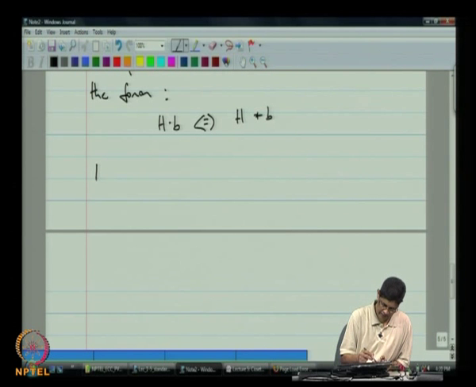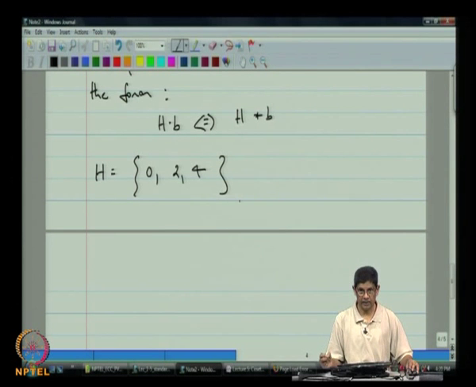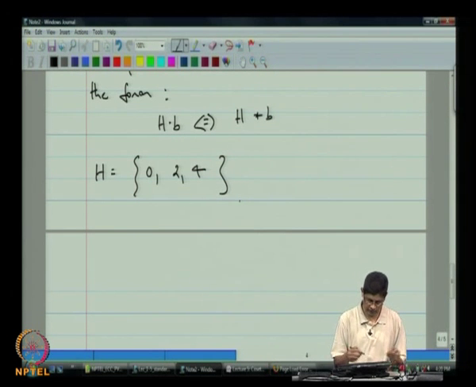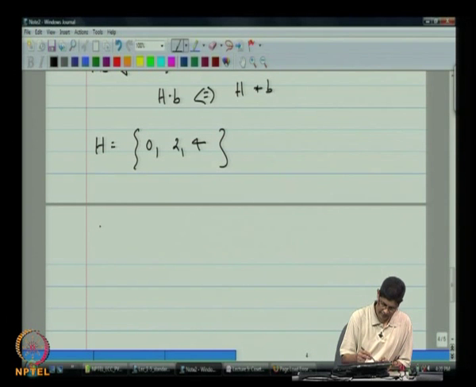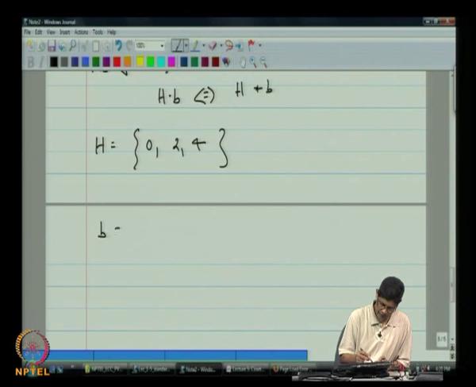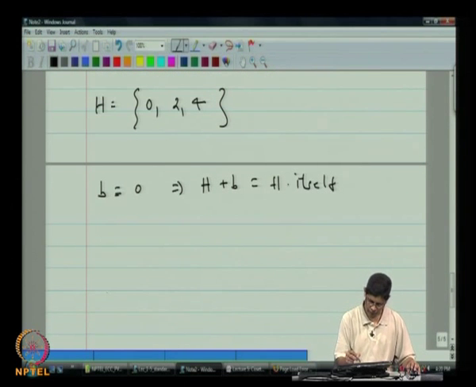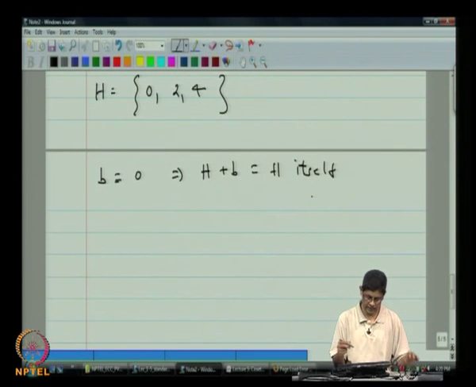Since H is the set {0, 2, 4}, you might think of this as the even subset of the integers mod 6. If you set B equal to 0, then H plus B is H itself. So one of the equivalence classes is H itself.